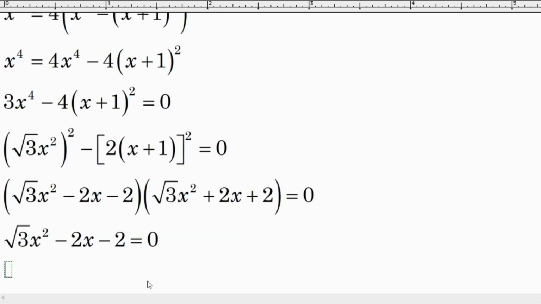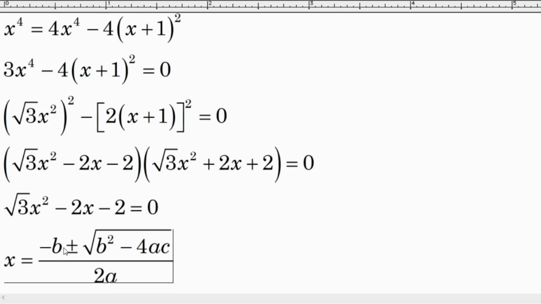Then we can use the formula of quadratic equation, so that will be x equal to minus b plus or minus square root of b squared minus 4ac, all divided by 2a.